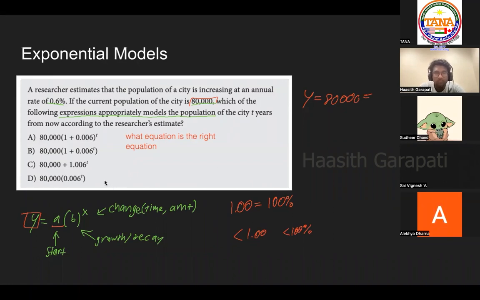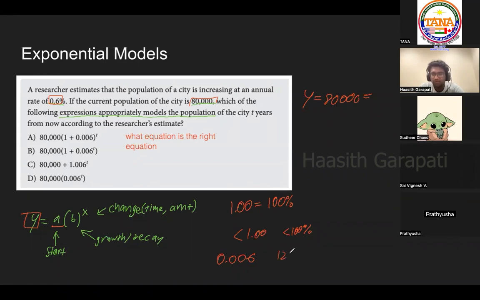And good thing is that we can model change this way. So they say this population of the city is increasing at a rate of 0.6%. So in order to model 0.6%, that's written as 0.006, where this might be a little bit confusing, but I'll give another example.